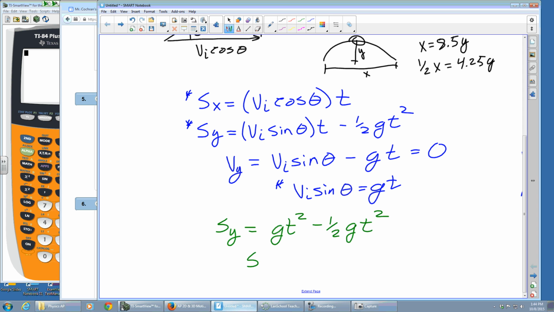So sy equals 1/2 gt squared. That seems kind of strange. Hold on. Yeah, that makes sense. Very strange, right?